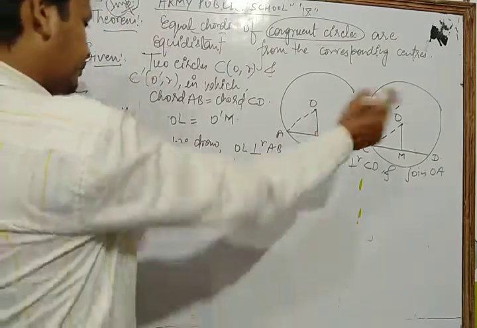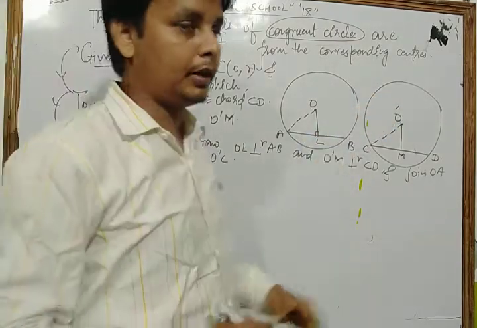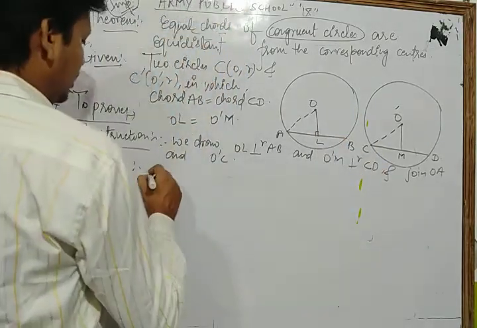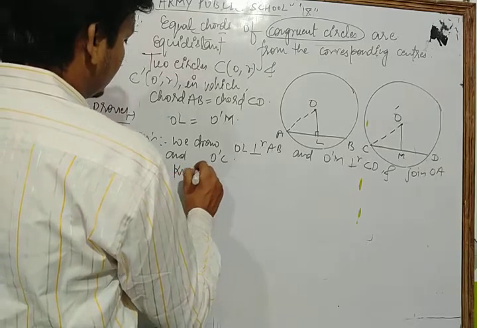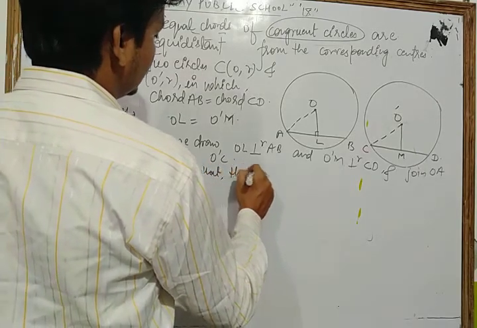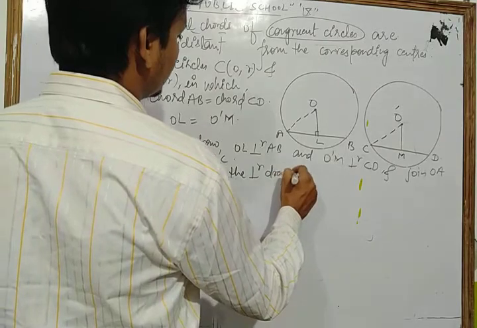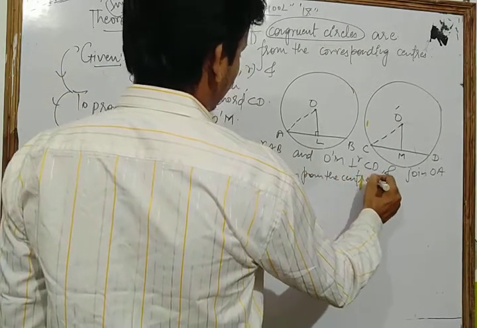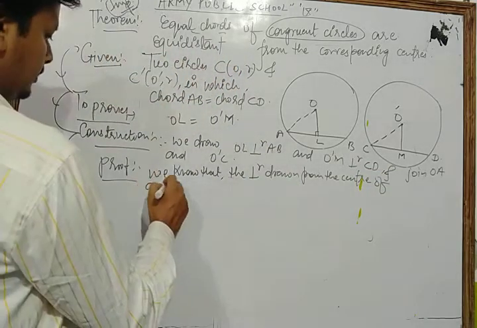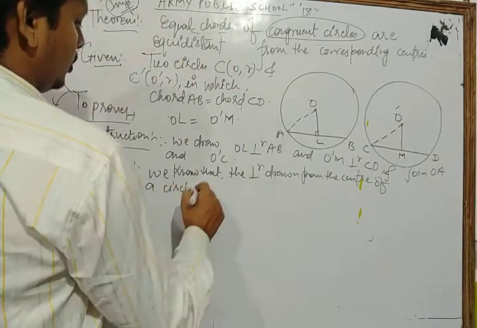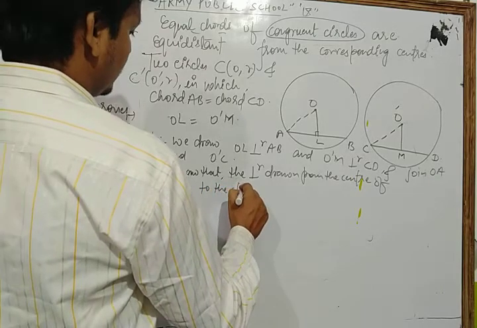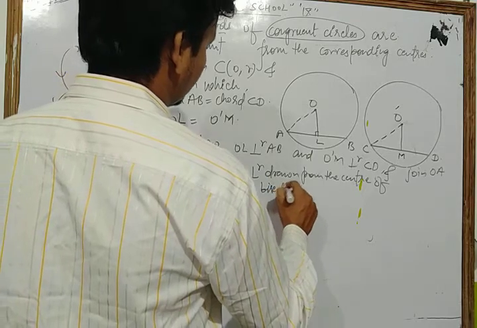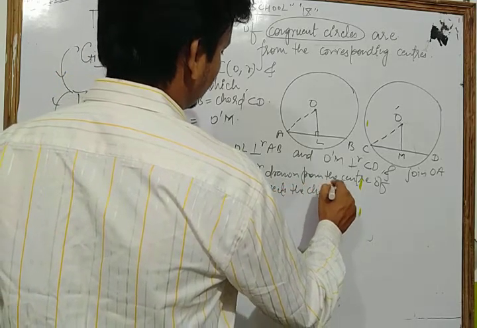Now let's see. Again we write the statement: the perpendicular drawn from the center of a circle to the chord bisects the chord.